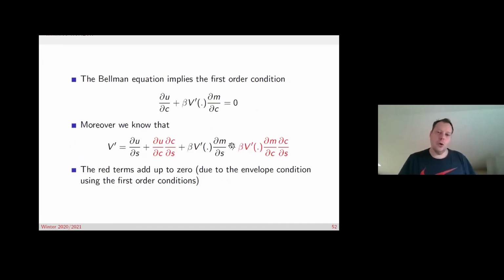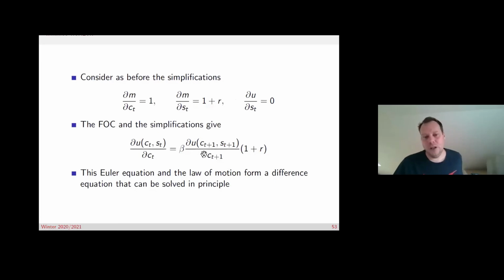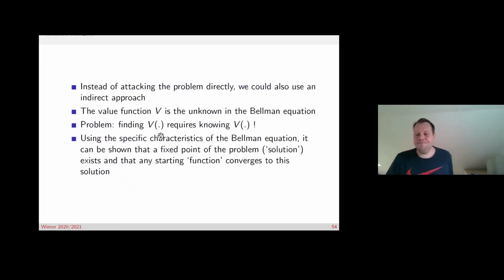This is just to show you what we already did before. It's the same approach. You take the first order condition, you play around a little bit with how the value changes as the state variable changes, and then try to derive some difference or differential equation for the control path.